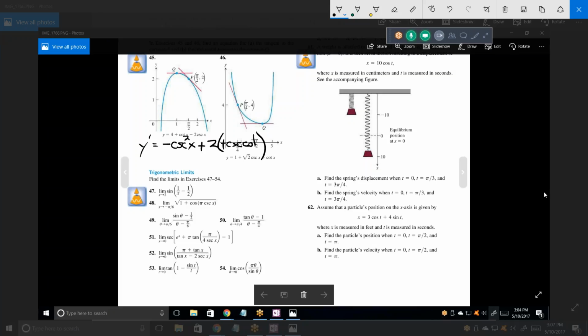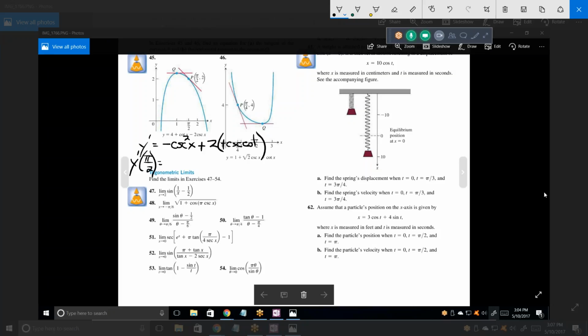Now I have to evaluate that at pi over 2. And we don't need the 2. I don't care what the y coordinate is. I want y prime at pi over 2. So, what's cosecant of pi over 2?